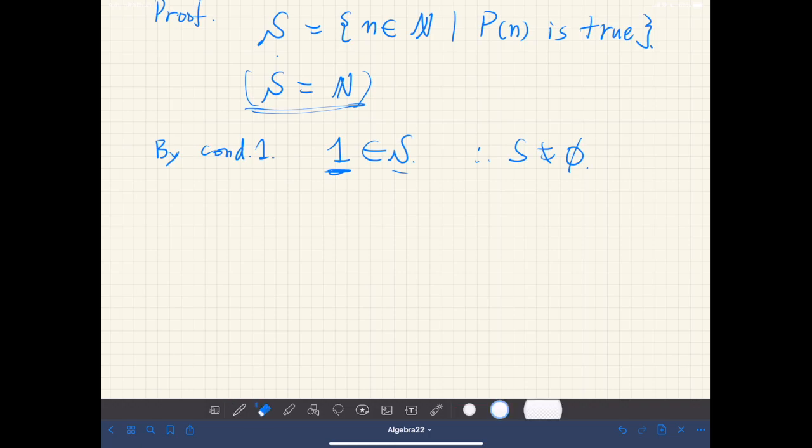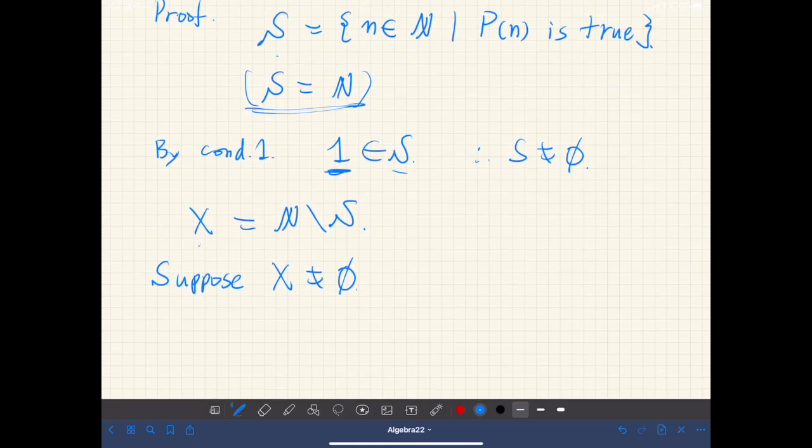Now, let's define the set X as the difference between the set of natural numbers and this S. We want to show that this set X is empty. And to show that, we prove this by contradiction. So suppose this X is not empty.